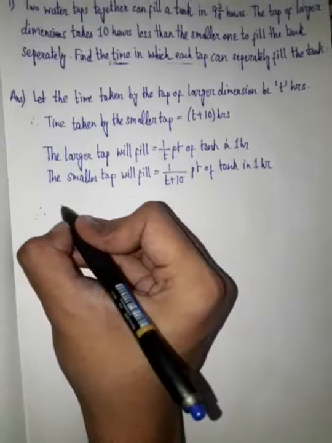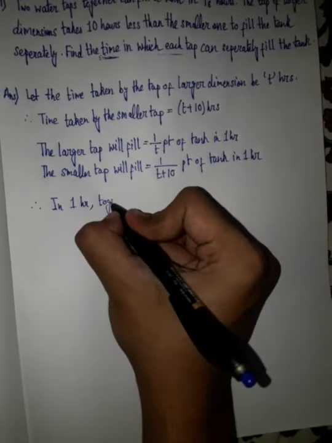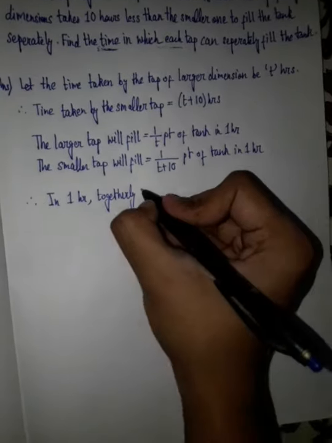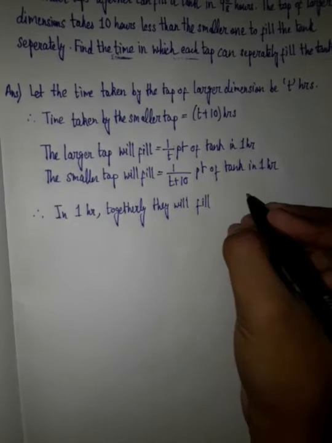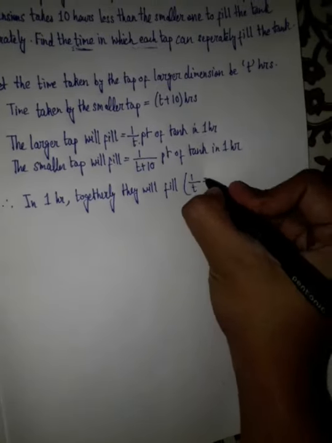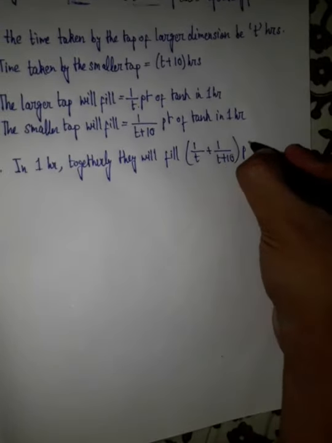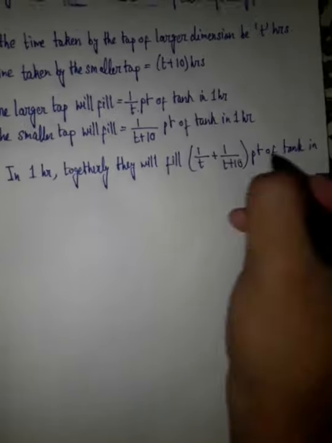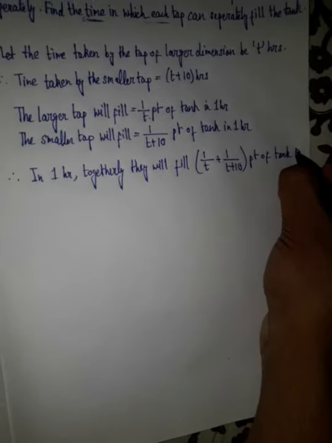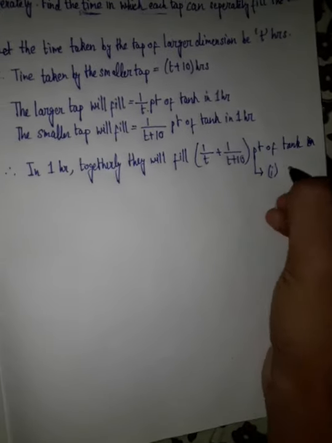Therefore in 1 hour together they will fill 1 by t plus 1 by t plus 10 part of the tank. We have already written it in 1 hour. So this is the first equation, or you can say first declaration.